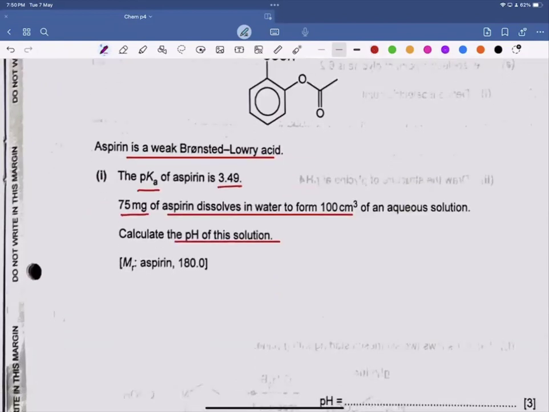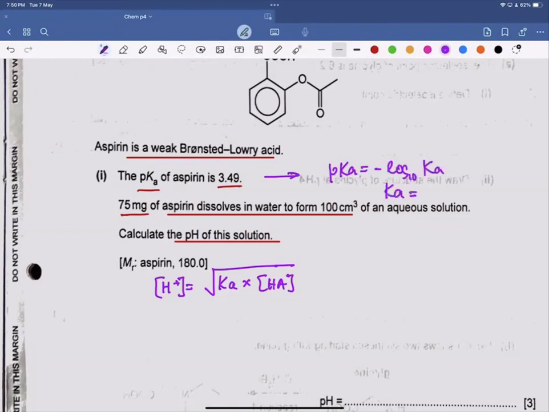Because for a weak acid, the concentration of hydrogen ions is equal to the square root of Ka times the concentration of acid. Ka can be calculated because they have given you pKa. pKa is equal to minus log10 Ka, so Ka is equal to 10 raised to the power minus pKa. So Ka is equal to 10 raised to the power minus 3.49.